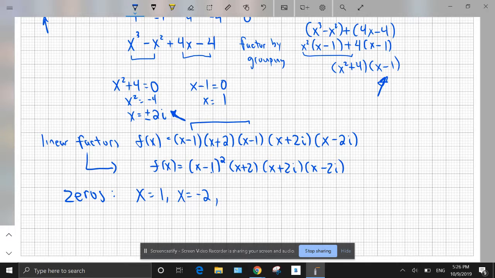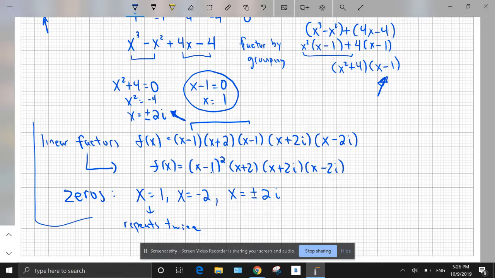And then notice that it repeats. We have x is equal to 1, so x minus 1 repeats twice. You could write it again, or you just say it repeats. And then the other ones are x is equal to plus or minus 2i. So those are our zeros. So this will be our whole complete answer.